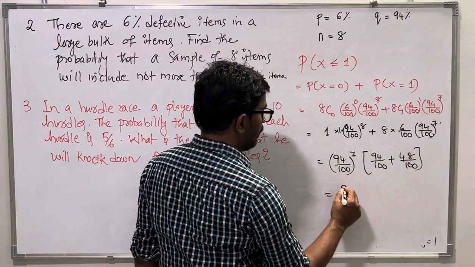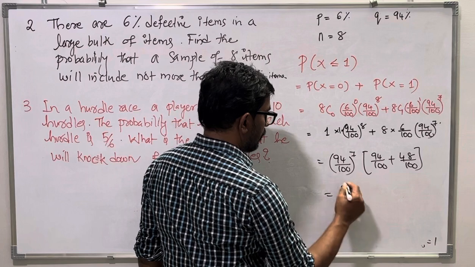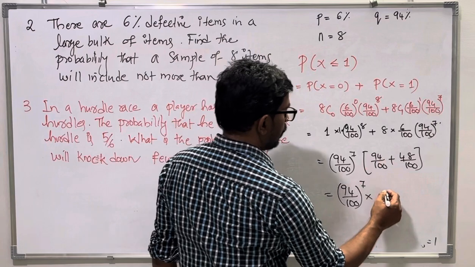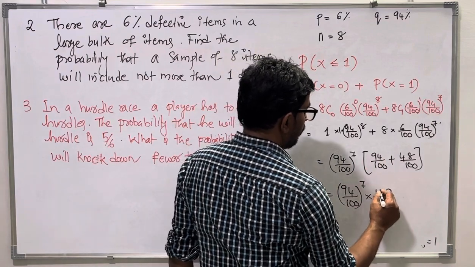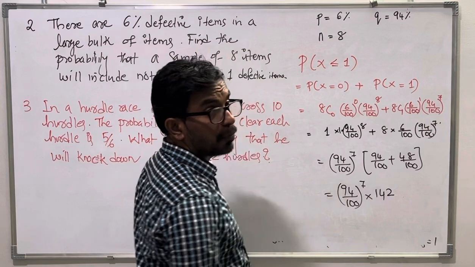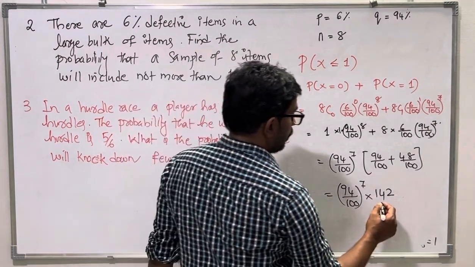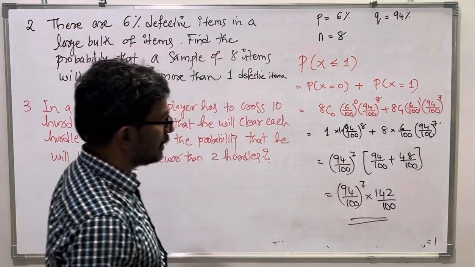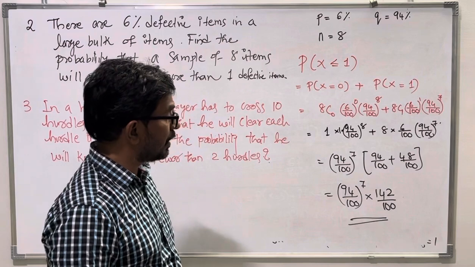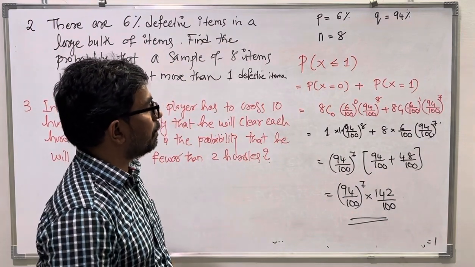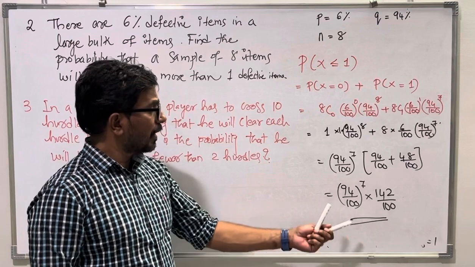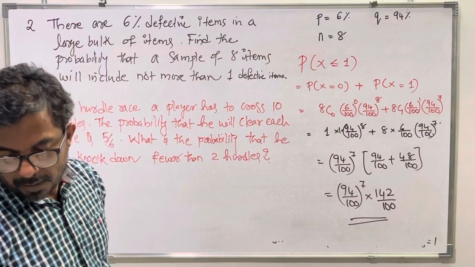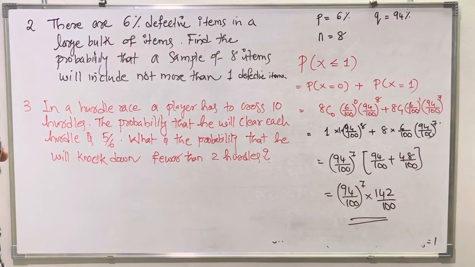So this will become 94 by 100 to the power 7 into this. When you add, what do you get? 94 plus 48, 142, so 142 by 100. This is difficult to calculate or cancel. You can cancel the 100 and 142 if you want. But basically, I'm not going into the detail of calculation, but this is how we get the first part of it. That means until cancellation, it will be like this.